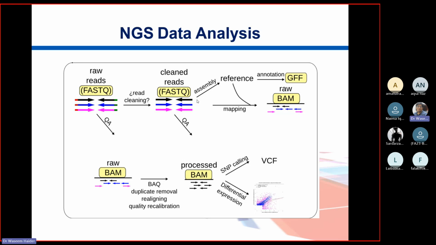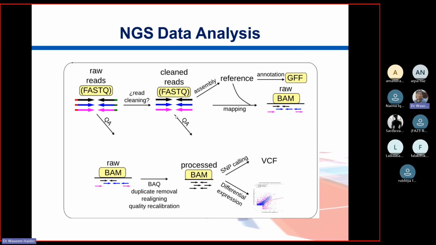So that's what we do. And then when we reach this level, you now have the clean reads, and in case you don't have the reference available, you will put them together on the basis of similarities or overlaps. And then the finest thing which you get after so many steps is called a reference, right?